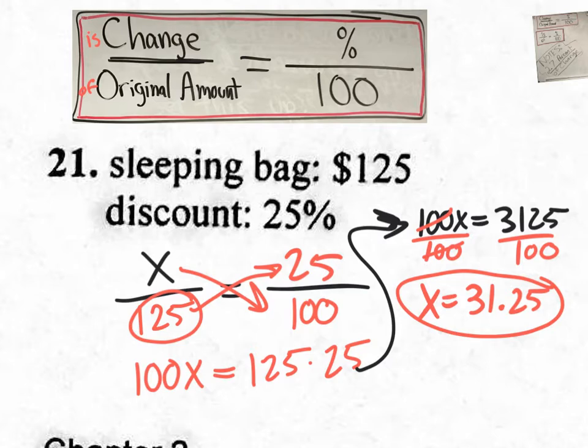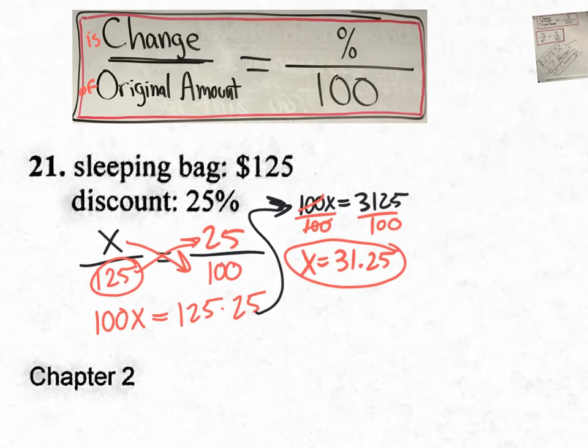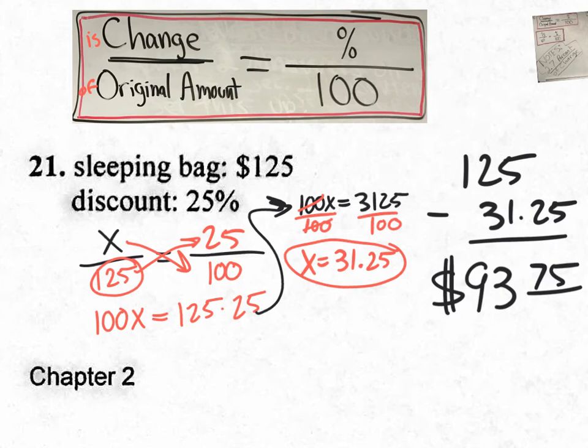So to find the discounted price, once again, I'm going to go back to the 125, and I'm going to subtract the 31.25 from it, and that'll give you my new discounted price. On a calculator, 125 minus 31.25, that's $93.75. So that's my new discounted price. Is that the answer on the back of the worksheet?